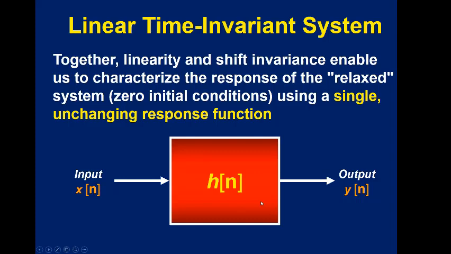As long as the system is relaxed, that means we have zero initial conditions, which in the case of a discrete time system means the output, before we apply a new input, has to be 0. So it's settled down. If there were any previous inputs, those have all worked themselves out of the system so that the whole response of the system now is totally because we put a new input to it. And we can predict what that response is going to be using this single unchanging response function. And it's not changing because we have a time invariant system.